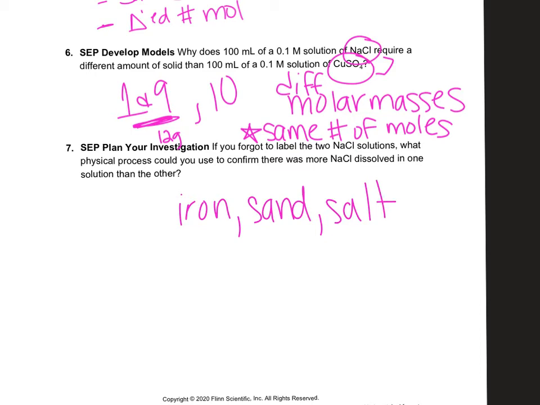Then we checked to see whether you got it accurately. How did you get this part out of the mixture? Think about it, and then think about what process you could use to determine which one was more concentrated. That's what I want you to use for that question.